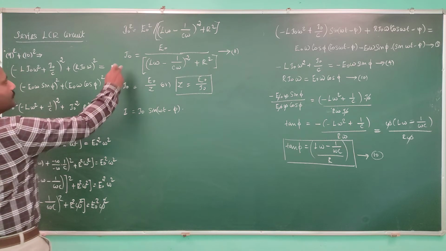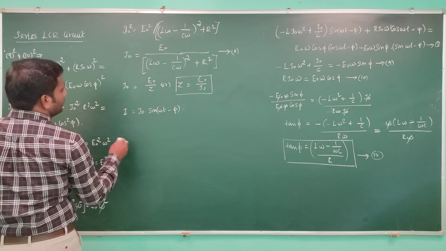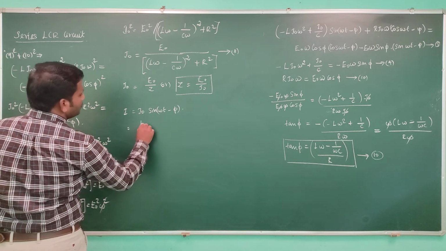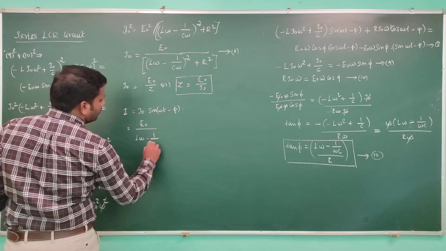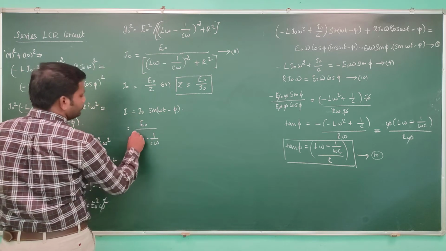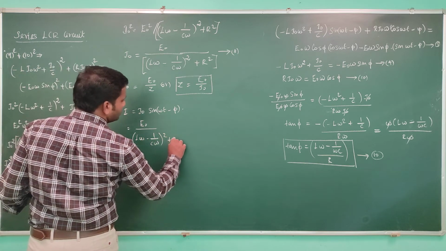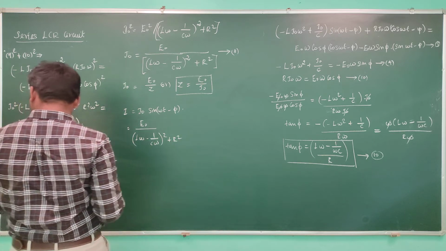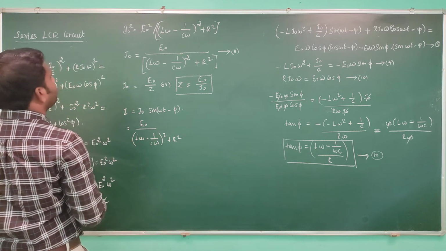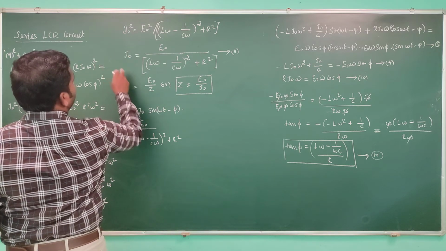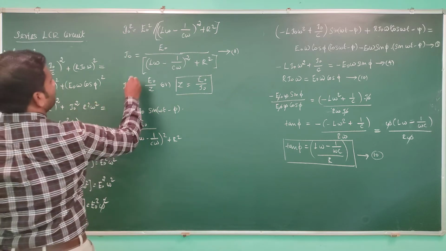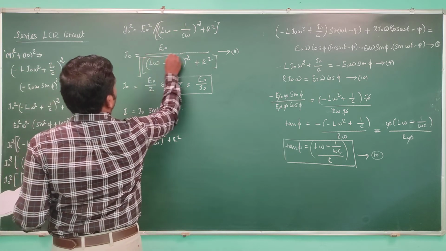Now let us substitute this expression for I naught here, so it becomes E naught by the square root of (L omega minus 1 over C omega) the whole square plus R square. This is I naught square, so what is missing? The square root is missing here.